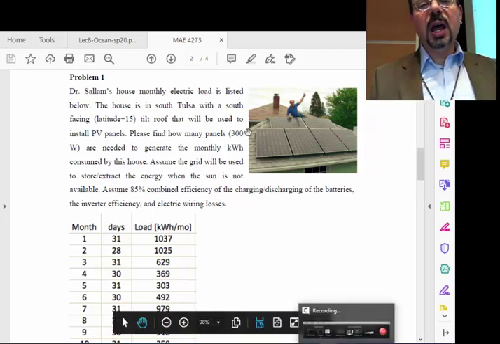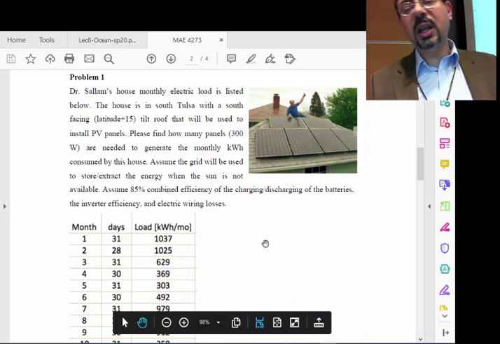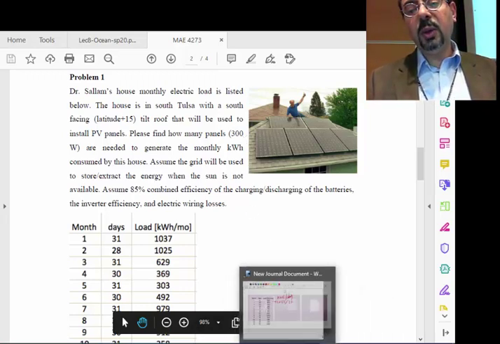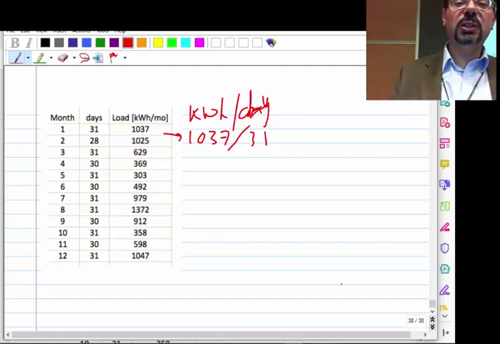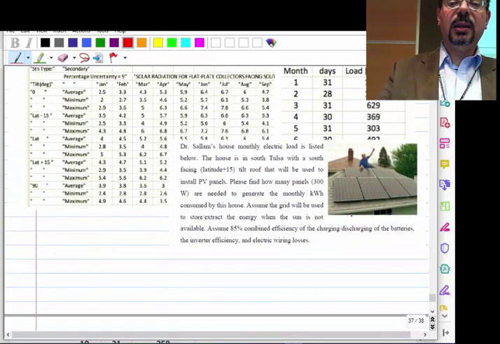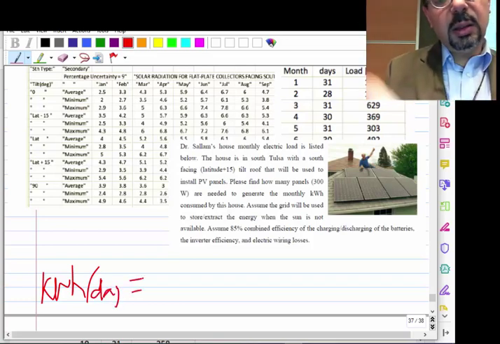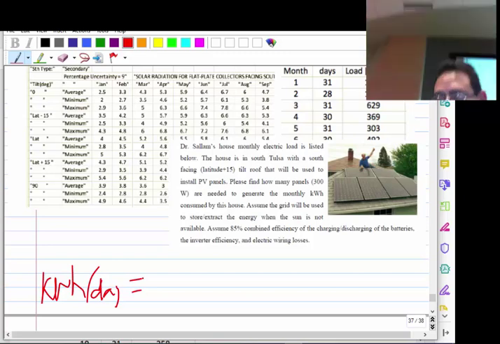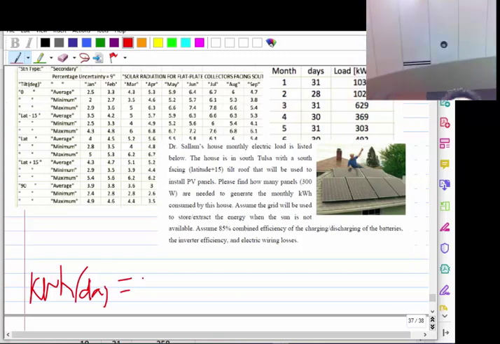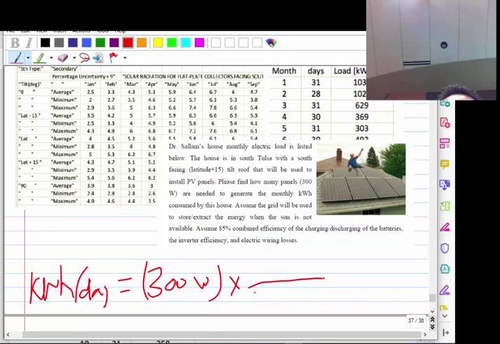And so to figure out how many kilowatt hour is coming from one 300 watt panel every day, we have this calculation that basically says that the kilowatt hour generated per day is the rated power, so it's like the 300 watt, multiplied by something over 1000 watt per meter square.